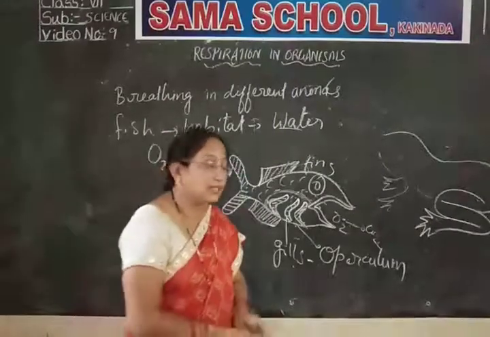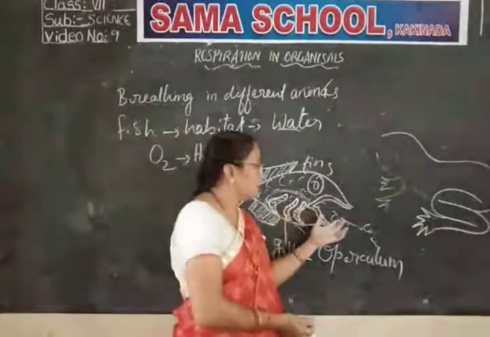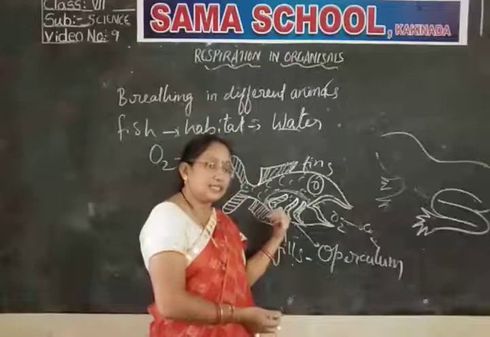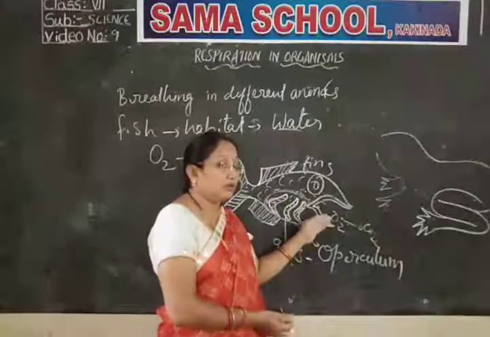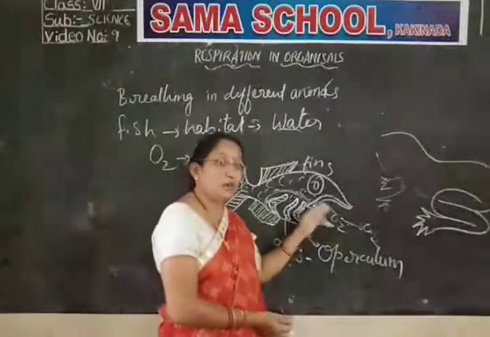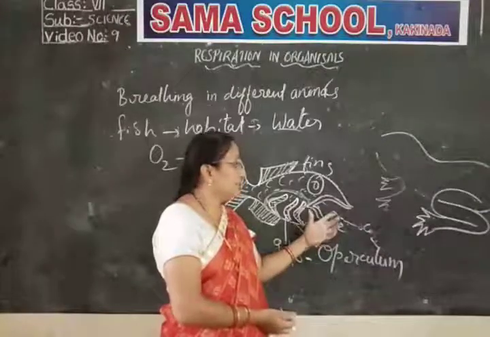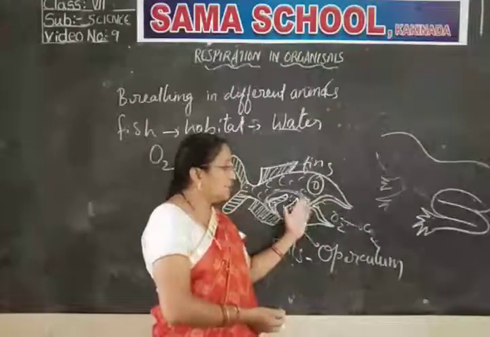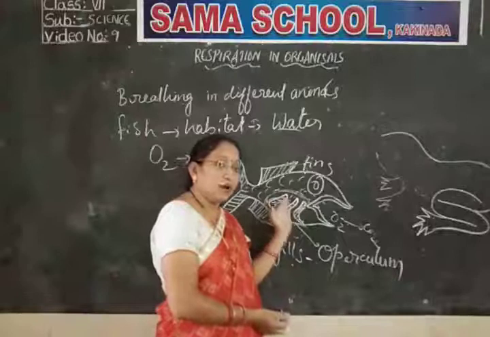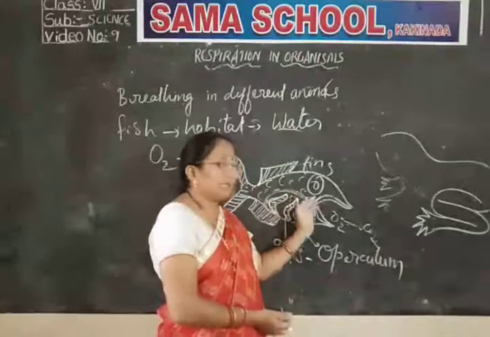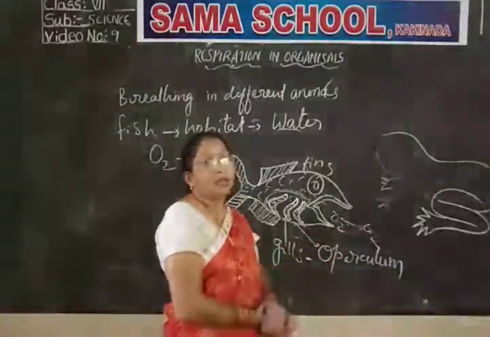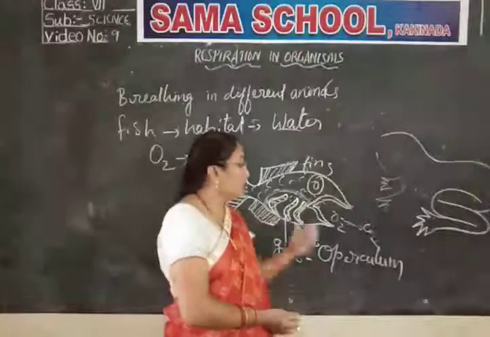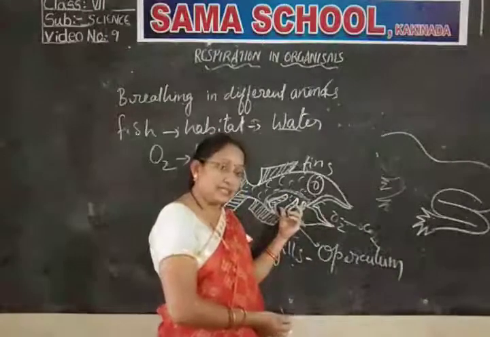As a living organism, the fish also takes oxygen through these gills and flushes it out. Oxygen is present dissolved in the water. That's why, through the mouth, the water passes through the gills and is flushed out, and the carbon dioxide present will be flushed out. Okay, so there the exchange of gases takes place.